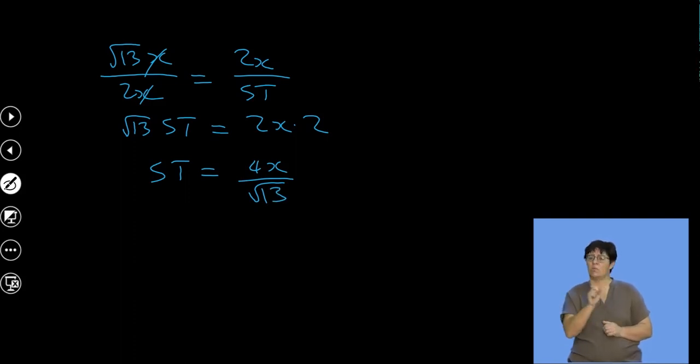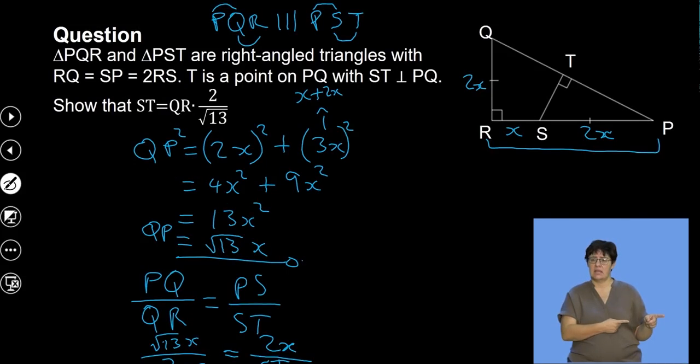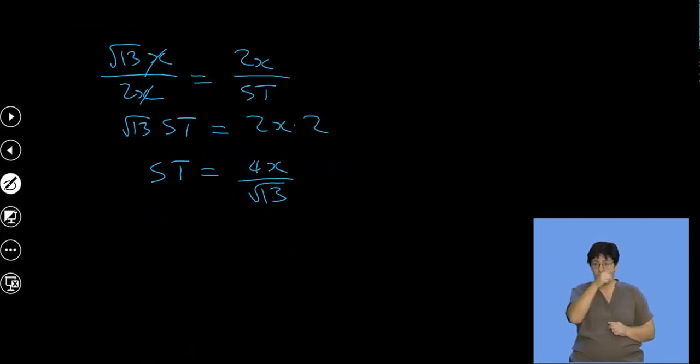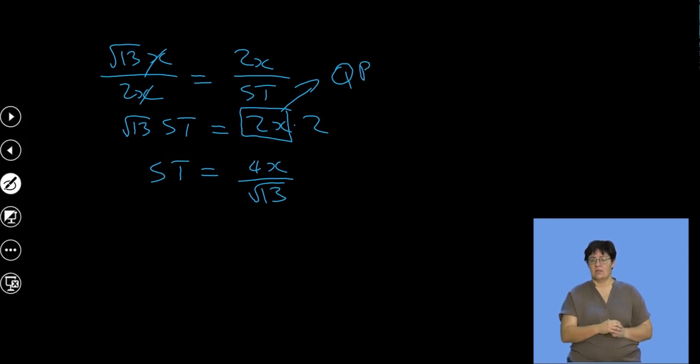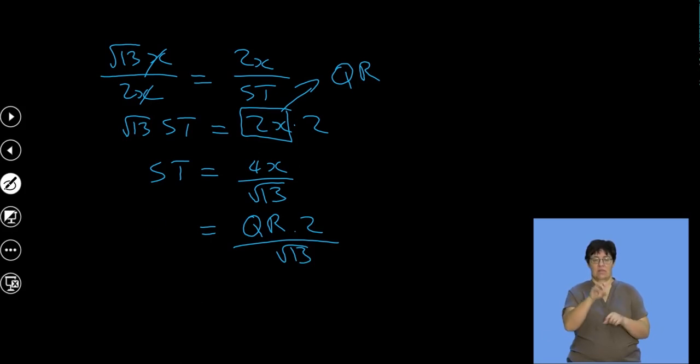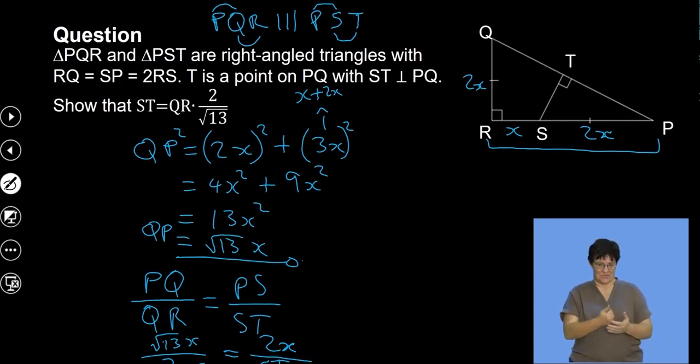But remember, what were we told? We were told that my QR, which is what I know, was 2x, right? So already from this part here, we know that is my QR. Yes, that is the QR. Therefore, it means this is the same as QR multiplied by 2 over the square root of 13, and that is equal to ST, which is exactly the same as what they wanted us to prove.